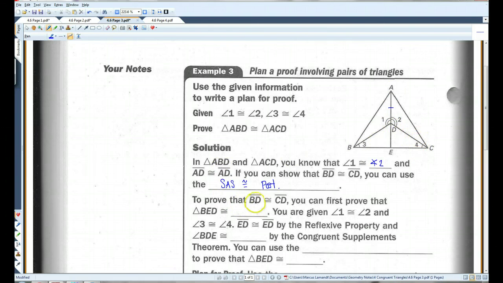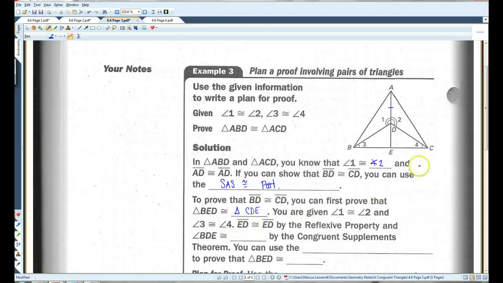To prove that BD is congruent to CD, you can first prove that triangle BED is congruent to triangle CED. If I can prove these two triangles are congruent, then of course this side and this side have to be congruent because corresponding parts of congruent triangles are congruent. You're given that angle 1 is congruent to angle 2 and angle 3 is congruent to angle 4.